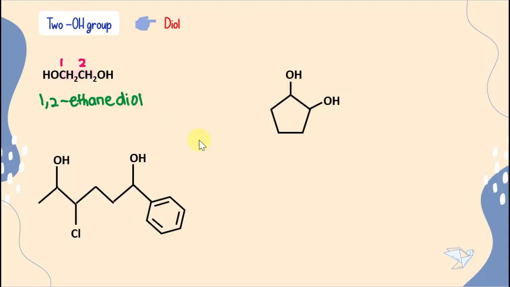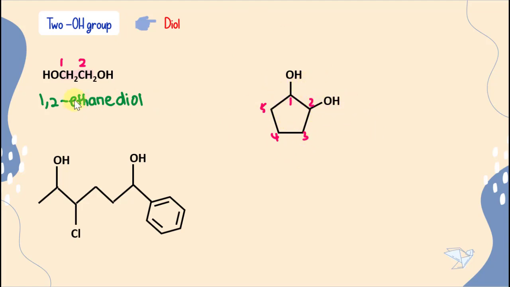For the next structure, this is when the 2 OH groups are attached to a cyclic compound. We have 2 OH groups on the ring, so we number it. Since they sit next to each other, it does not matter who is number 1. Let's say I number it like this. For a cyclic alcohol with 2 OH groups, it will become cycloalkane diol.